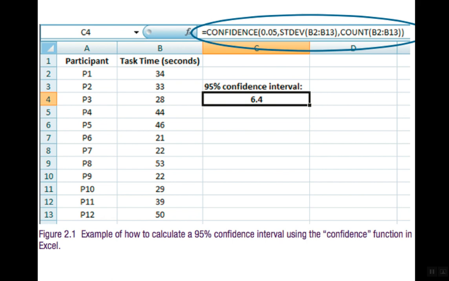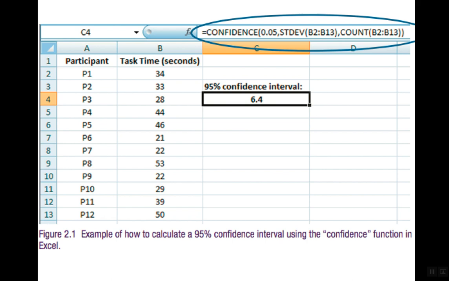Then the second argument is going to be the range of numbers that are being used and where you calculate the standard deviation. And the final parameter is going to estimate the count from the same column of numbers.